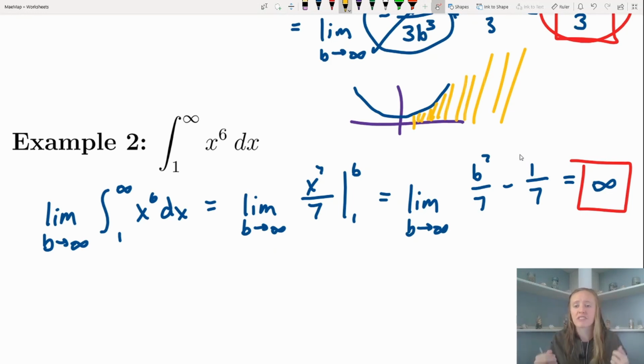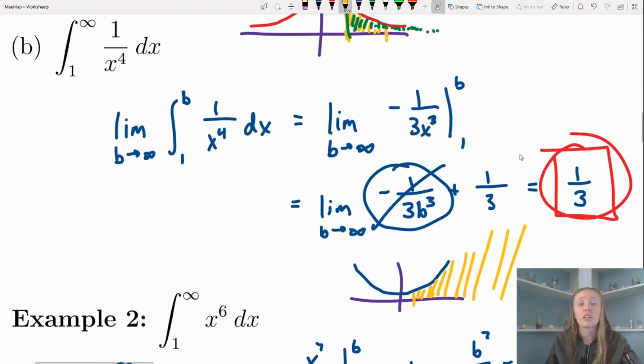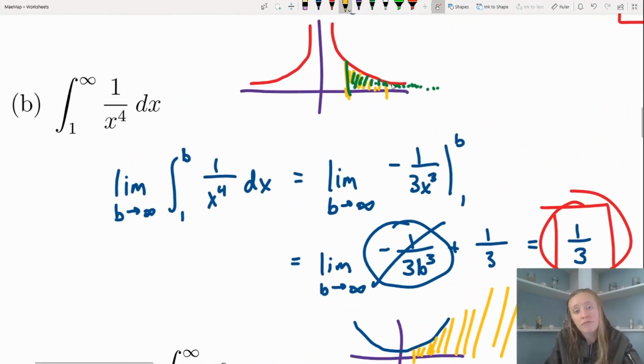So even graphically, it makes sense that we get infinity. Compared to up above, when we drew that graph, that function was getting closer and closer to 0, so closer and closer to having no area between the function and the x-axis.